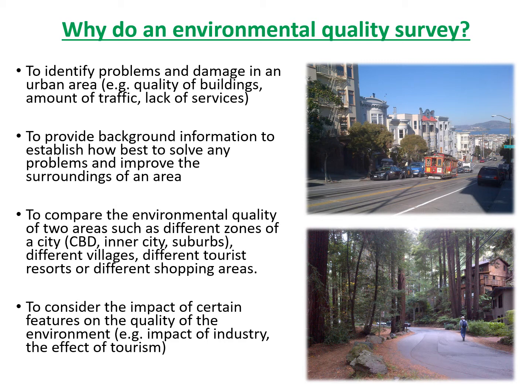So if you've discovered that there are a lot of derelict buildings, it may be that the local authority says, right, okay, we need to invest in this area, we need to improve the quality of housing in this area, we need to improve the quality of the pavements or the roads in this area.